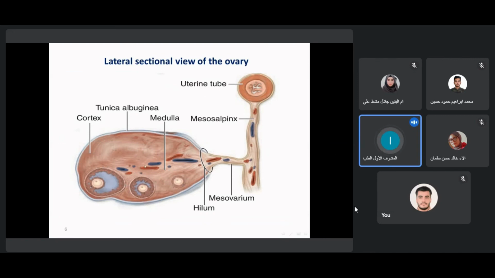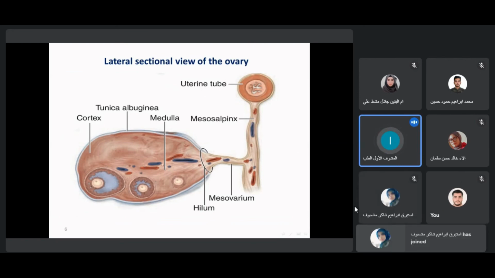The deepest, smallest part is called the medulla, a loose connective tissue, less cellular than the cortex, containing the blood vessels, arteries and veins that enter the ovary through the hilum from the mesentery that suspends the ovary.